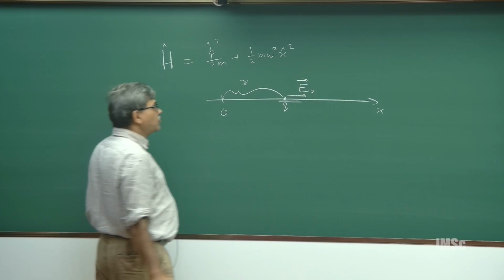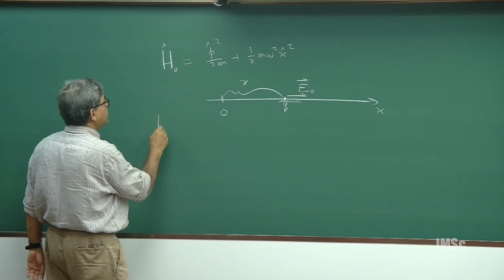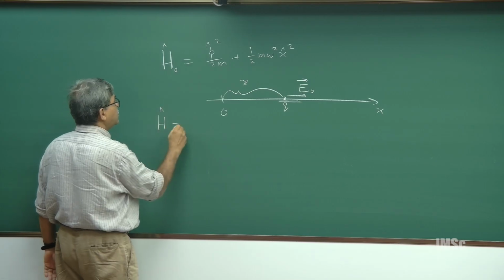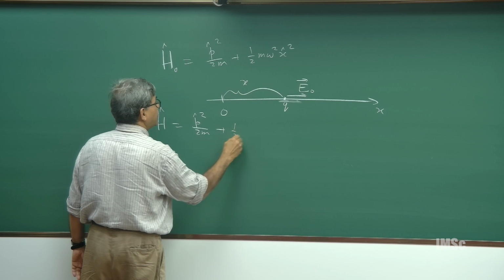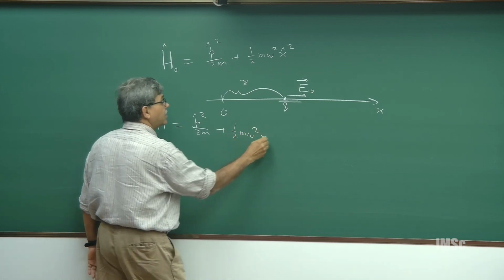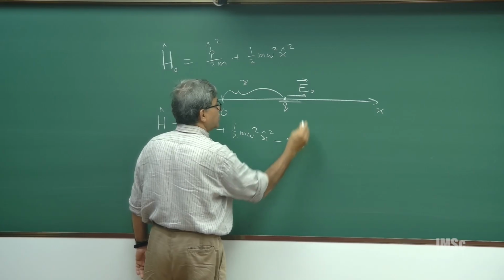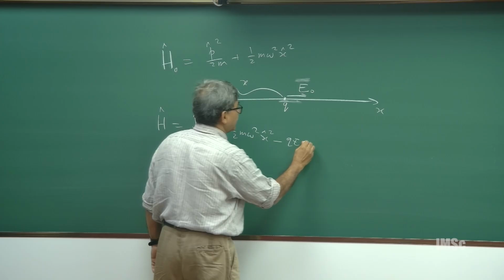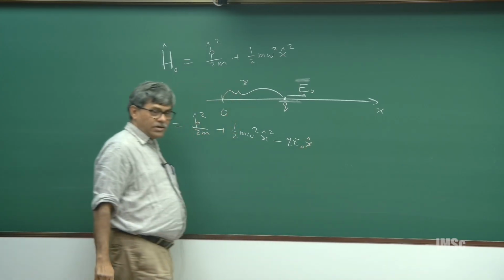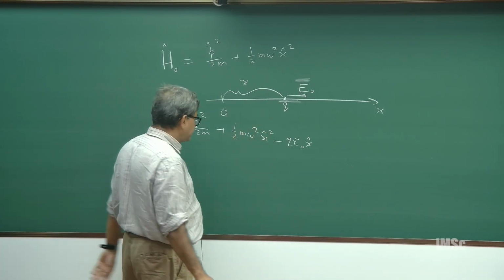Then I know that this is my original Hamiltonian. Now, the changed Hamiltonian will be p square by twice m plus half m omega square x square minus q E naught. So, I do not have to put a vector sign because this is along the x axis, E naught x. Is that okay? Right, because of this potential.